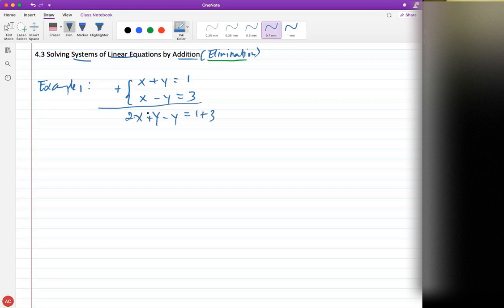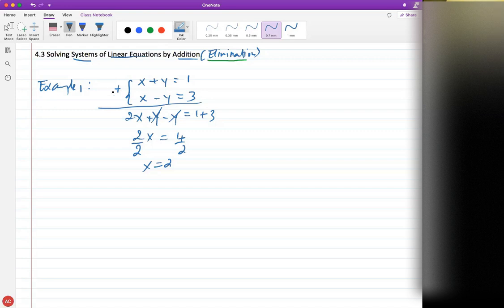So these two basically cancel out because positive y and minus y cancel out. We end up with one variable only, 2x equals 4, and that's basically an equation with one variable. From here we can just divide by 2, so x is 2. So that's how simple it is to solve by elimination.